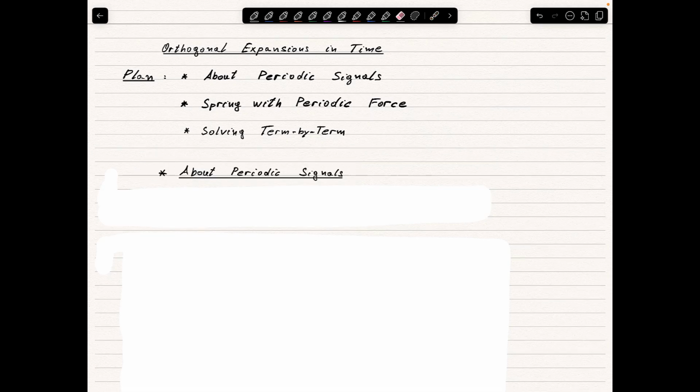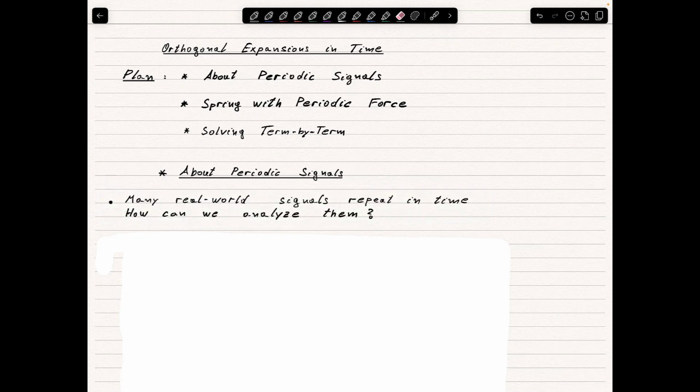Let's start with an overview of periodic signals in nature. Many real-world signals repeat in time. So the idea is how we can study them, how we can analyze them.